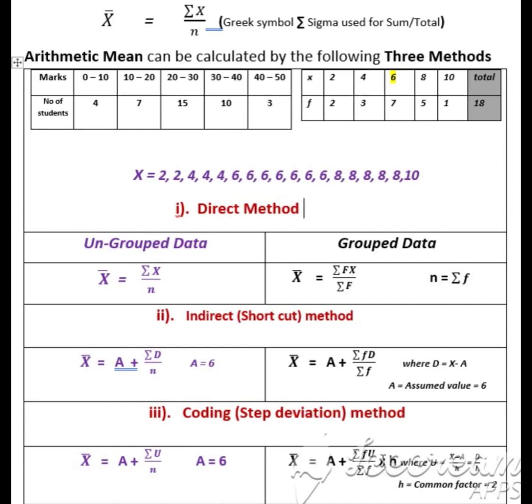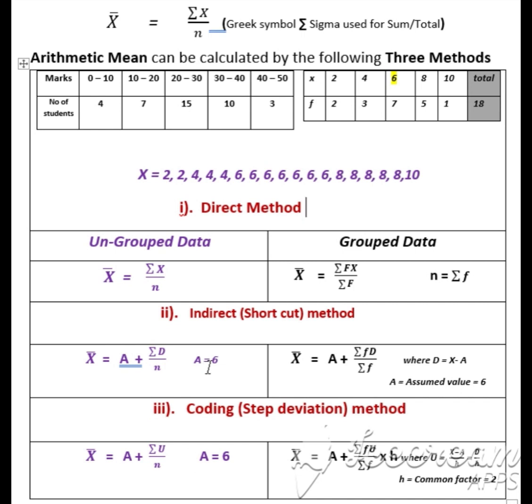Okay, so in this formula, what is d? D is the common difference. A is an assumed value, any value that you can assume from x. For example, if I assume a value here, that is the assumed value a.